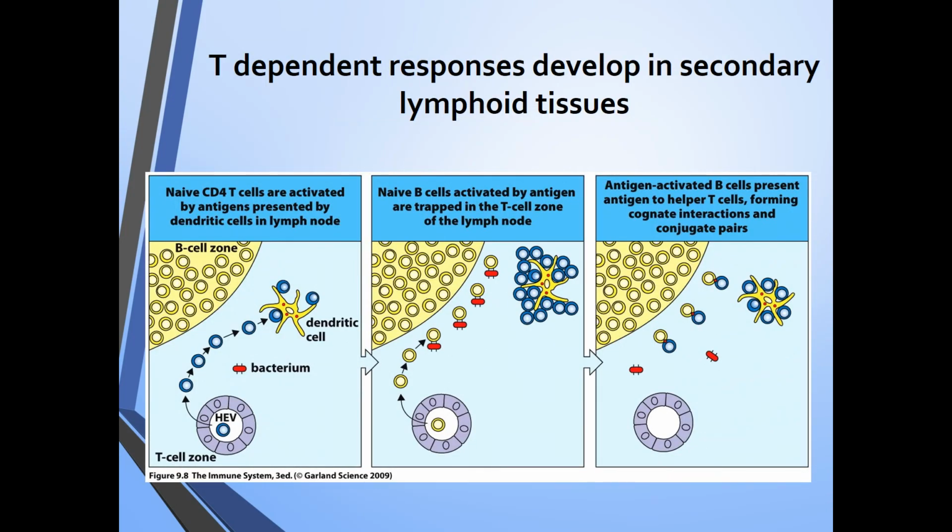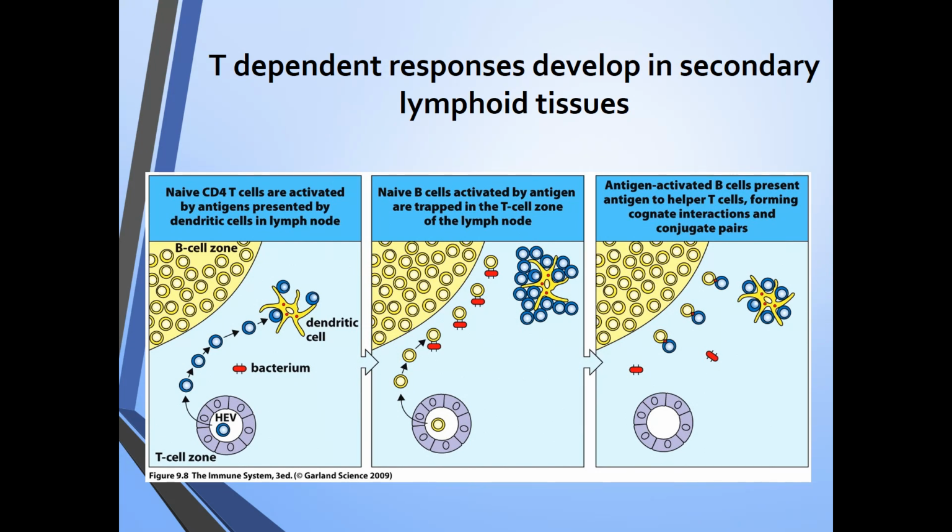Now, T-dependent responses develop in secondary lymphoid tissues. So secondary lymphoid tissues are ideal for getting B and T cells and other antigen-presenting cells together. It forms that microenvironment, the structure for those interactions. And here's a cartoon where naive CD4 positive T cells are activated by antigens presented by dendritic cells in the lymph nodes.